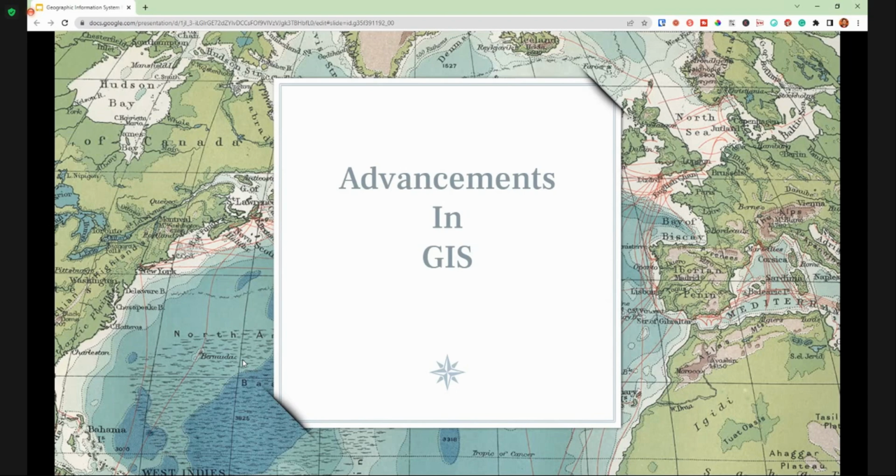I remember making a map that was really hard to digitize because the user experience was not that great back then, but a lot of improvements have been applied with the current technology.